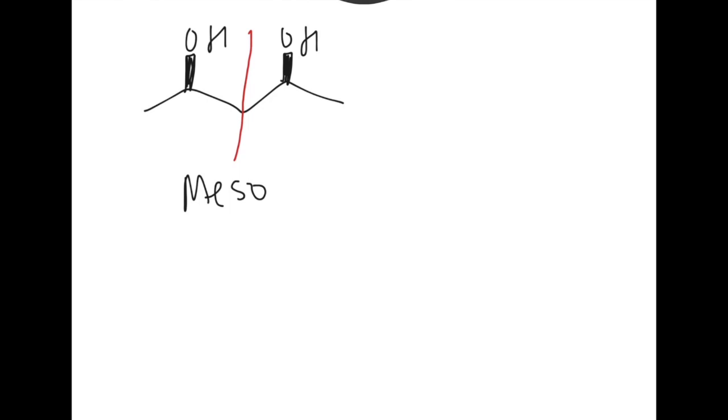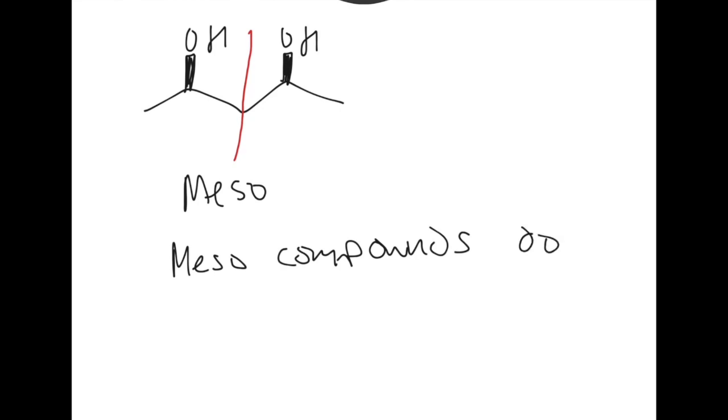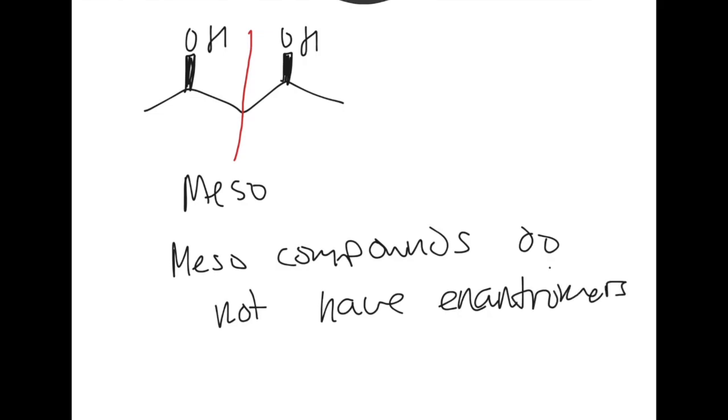An important thing to note about meso compounds is they do not have an enantiomer. And this makes sense, right? If they're not chiral, they can't have an enantiomer because enantiomers only exist for chiral things.